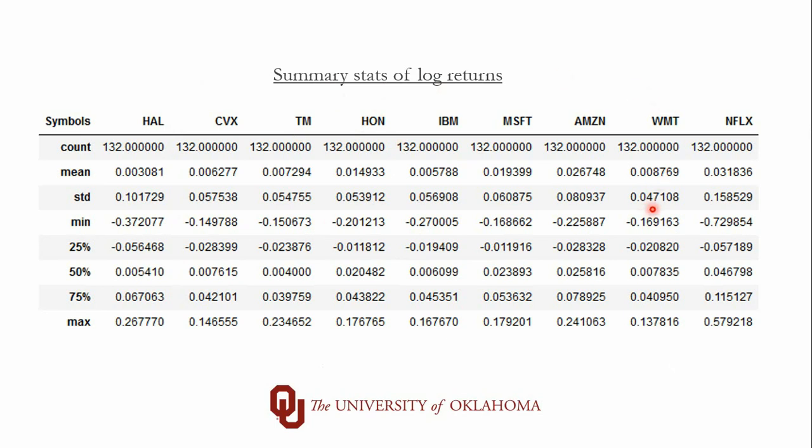We can see that Walmart is the one with the lowest volatility, standard deviation, while Halliburton and Netflix have the highest volatility, and the rest are somewhere in between with similar values. We can also see that the mean for the log returns of all the stocks is positive, which is something good. So we are looking to invest in them.